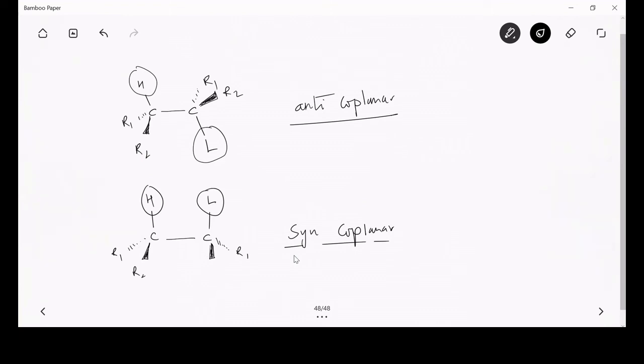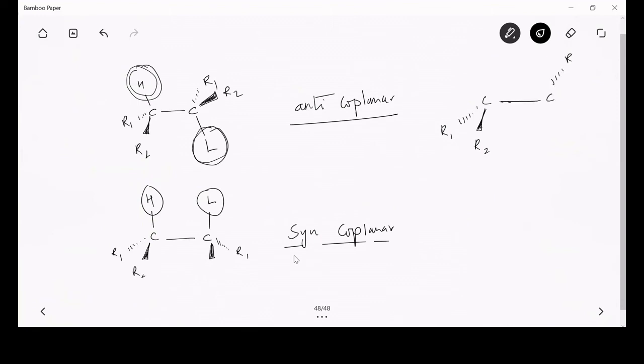Now, in case of E2 reaction, it is always favored when the reactant is in the anti form. That means a transition state which has a conformation like this, or anticoplanar conformation like this, will be much more favored.